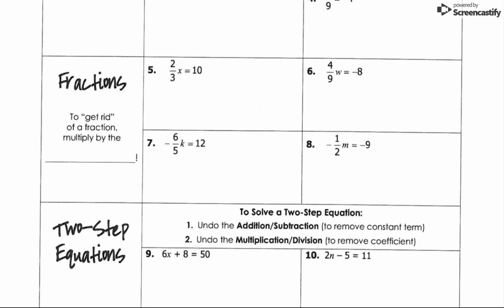What that is, you basically flip the fraction. So for the first one, to get rid of this 2/3, I would multiply by 3/2. See how I just flipped the 2 and the 3 around? So the 3's cancel, the 2's cancel, and then just make sure you multiply the other side by 3/2 as well.